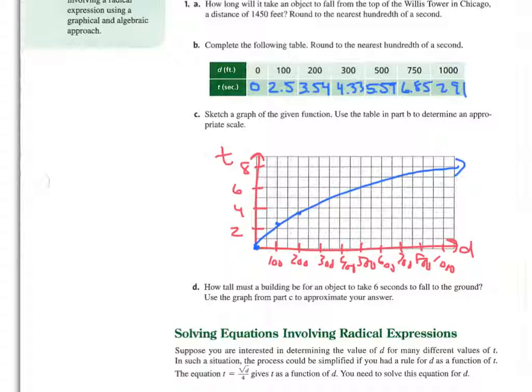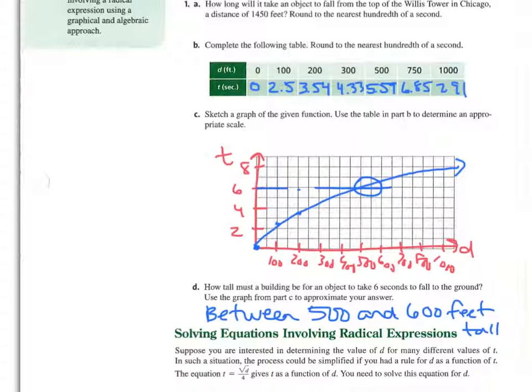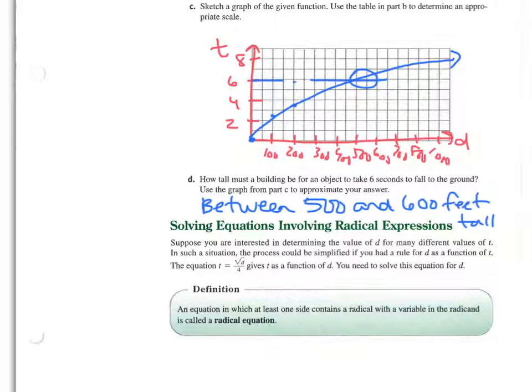But I would say for the time to be 6, if we go over here on our graph, somewhere over here, between 500 and 600 feet tall. That's just an estimation. We will find that exact value in a little bit. So that's what we're going to do next.